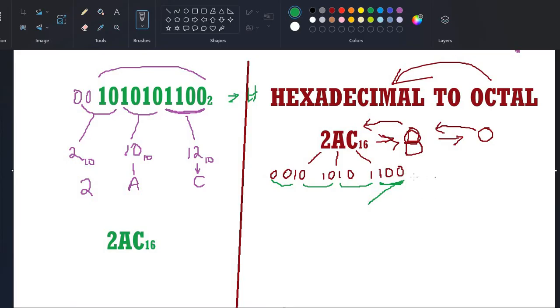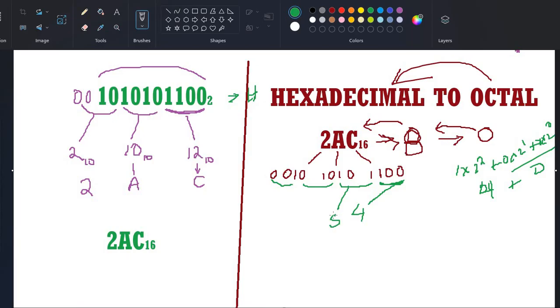So how will we convert? 100 means 1 into 2 to the power 2 plus 0 into 2 to the power 1 plus 0 into 2 to the power 0. This will be 4, right? 100 means 4. 101 means how much? 5.